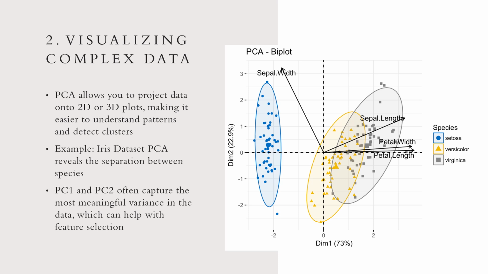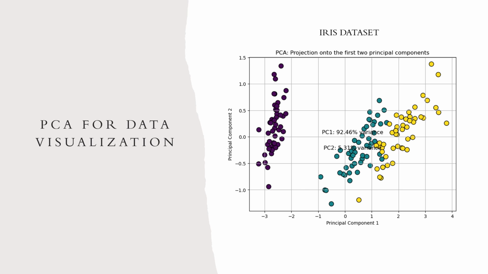This is a plot for the iris dataset, which is the output of PCA for the iris dataset. Because the iris dataset consists of three classes, that is Setosa, Versicolor, and Virginica, we are getting three clusters, and there are four features present in my iris data. These features are basically overlapped on the categories found by the principal component analysis.